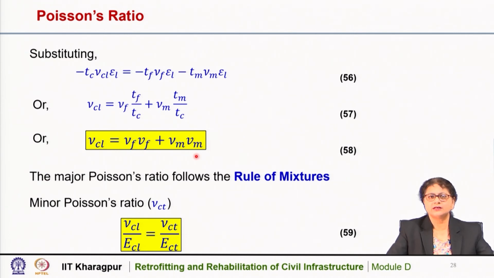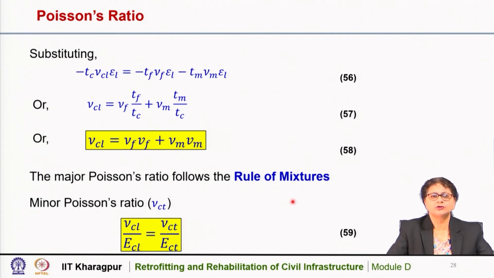So, nu CL is equal to nu f into V f plus nu m into V m. So, it follows again the rule of mixture. So, by knowing the volume fraction of the fiber and the matrix and their individual Poisson's ratio, we can find out the Poisson's ratio of the composite. So, this is also as per the rule of mixture.